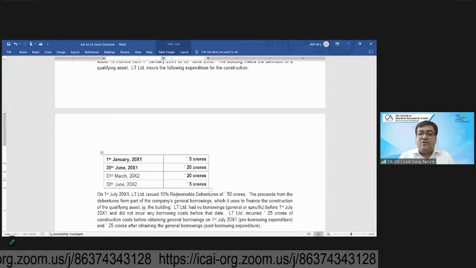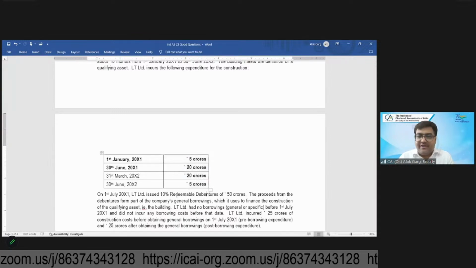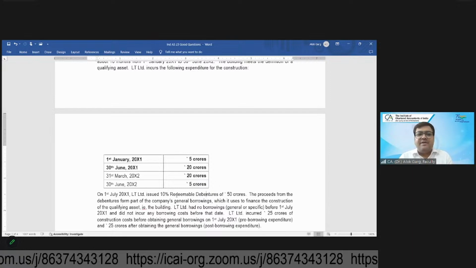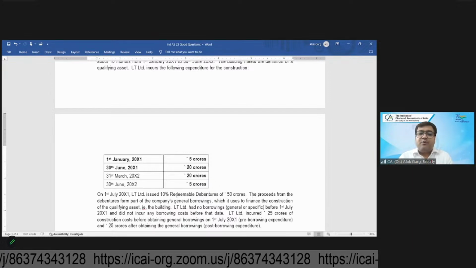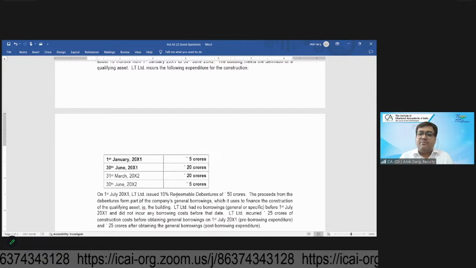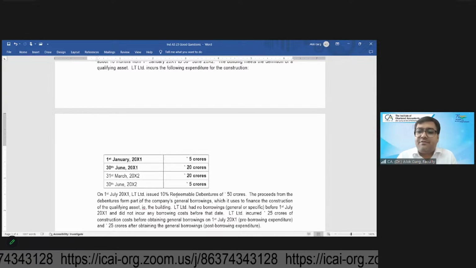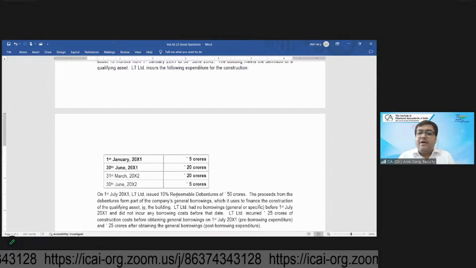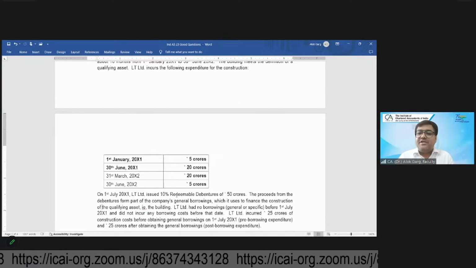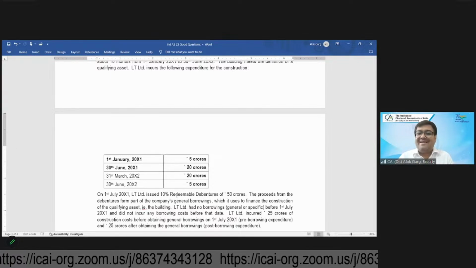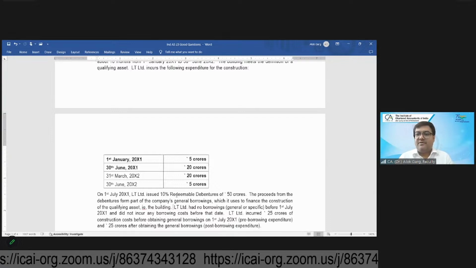The total construction cost of the building was 50 crore, and the company has raised money by way of debentures of rupees 50 crore. The proceeds from the debentures form part of the company's general borrowing, which it uses to finance the construction of the asset, that is the building.